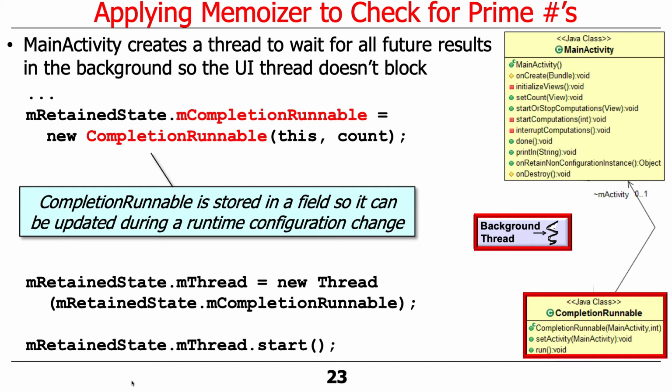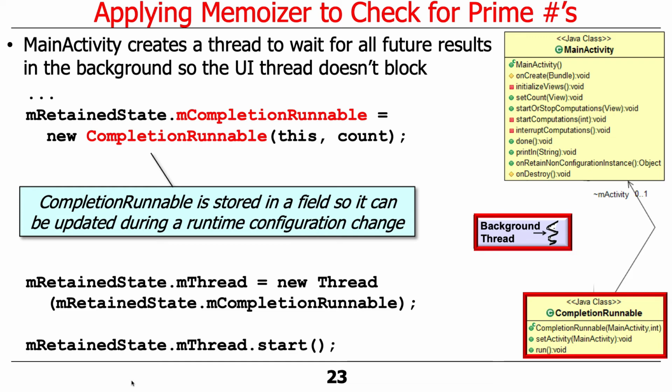Speaking of which, we have to create another thread. This is going to run in the background, and it's going to run something called CompletionRunnable. We'll take a look at CompletionRunnable in a second. What the CompletionRunnable thread will do in the background is basically use the completion queue that's part of the executor completion service to get the results as they finish and print out what the results are.